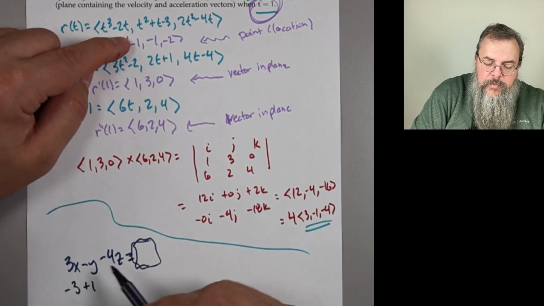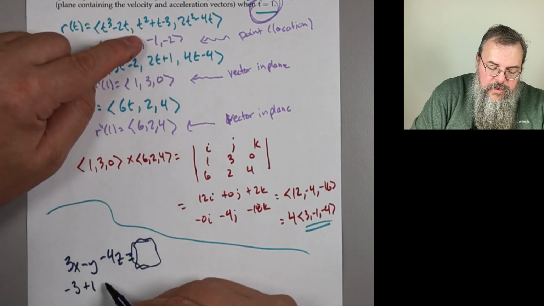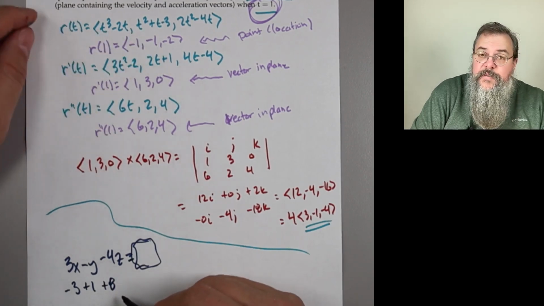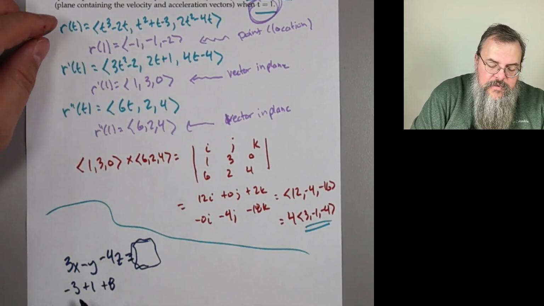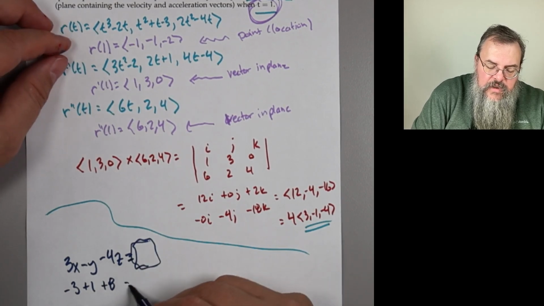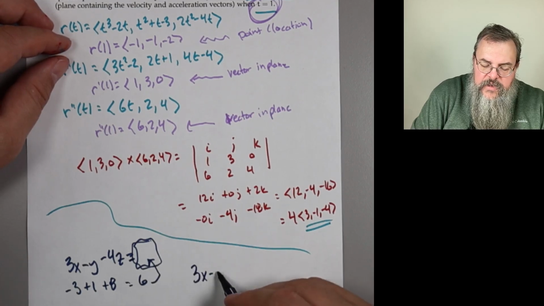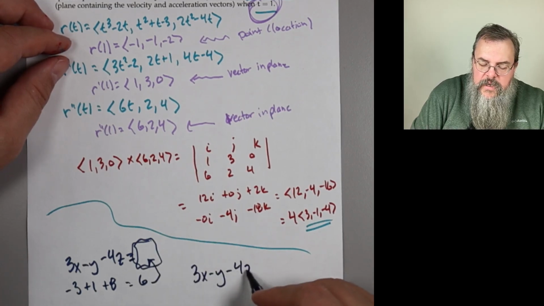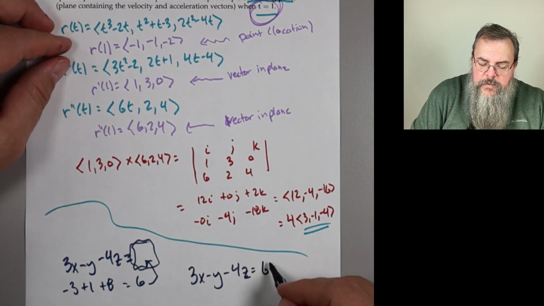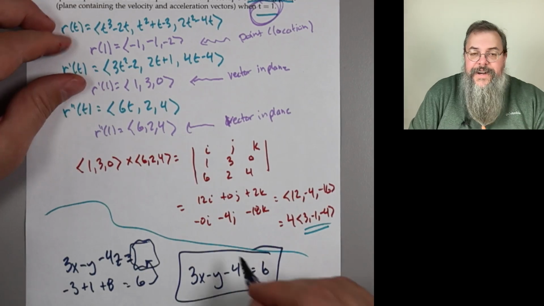Plus 1, minus minus 1. And then plus 8, minus 4 times minus 2. And that becomes 6. That's what goes in the box. So our final answer is 3x minus y minus 4z equals 6.